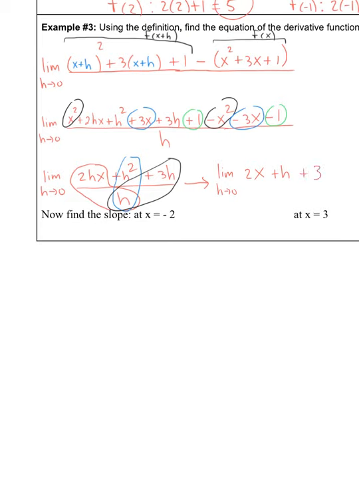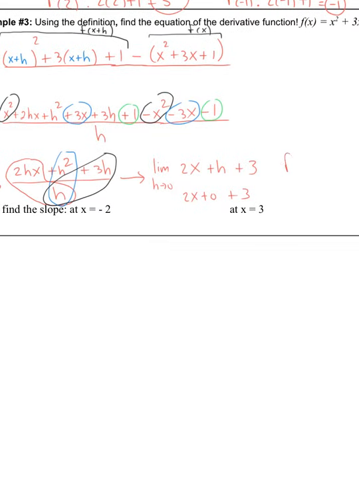Now I can do direct substitution. So I plug in 0 everywhere I see h. So I have 2x plus 0 plus 3. Alrighty? So my derivative function is 2x plus 3.